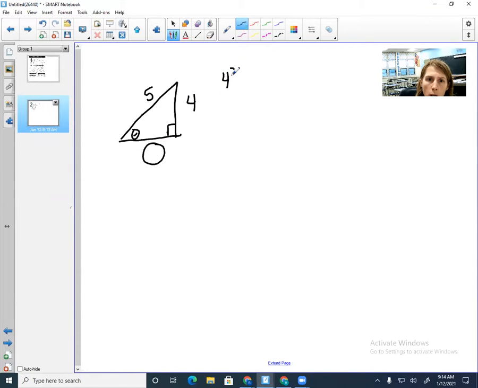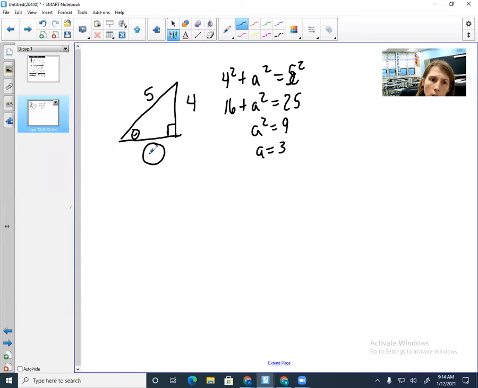So we're going to take 4 squared plus a squared equals c squared, which is 5, sorry. So that'd be 16 plus a squared equals 25. And a squared equals 9. A is 3. So now that you have filled in your triangle, you're going to go ahead and answer the outside part.